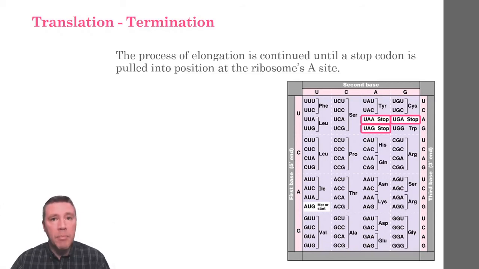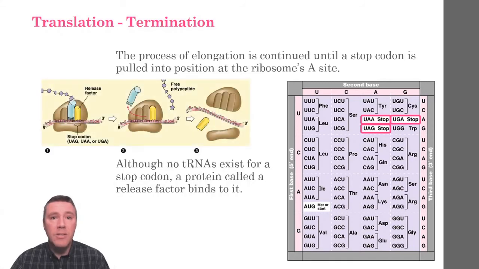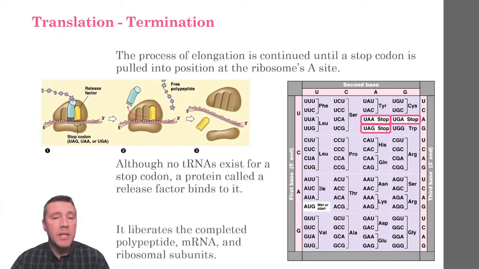So what does happen at a stop codon? A protein called a release factor binds to the stop codon and releases the completed polypeptide, the mRNA, and the 2 ribosomal subunits. The completed polypeptide will now undergo a collection of modifications to conform it into a functional protein.